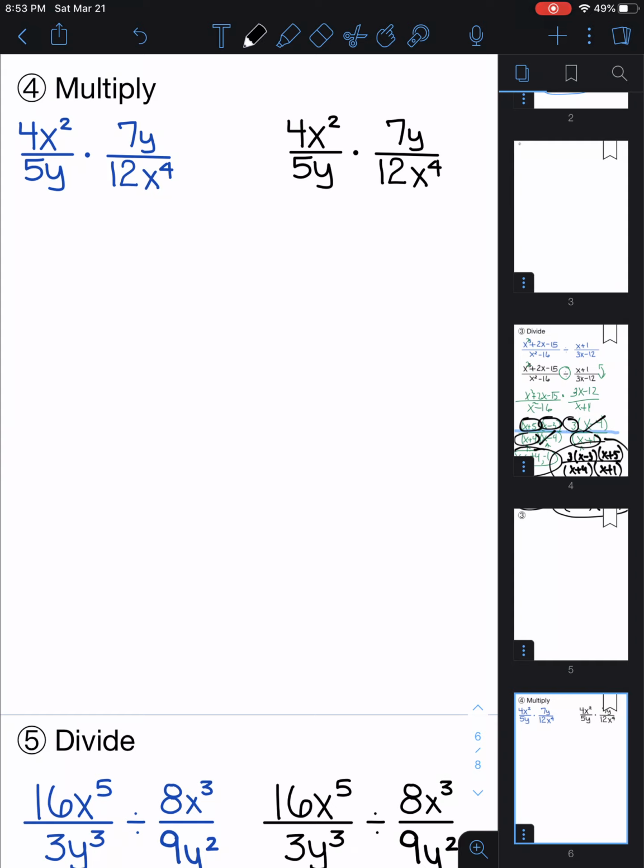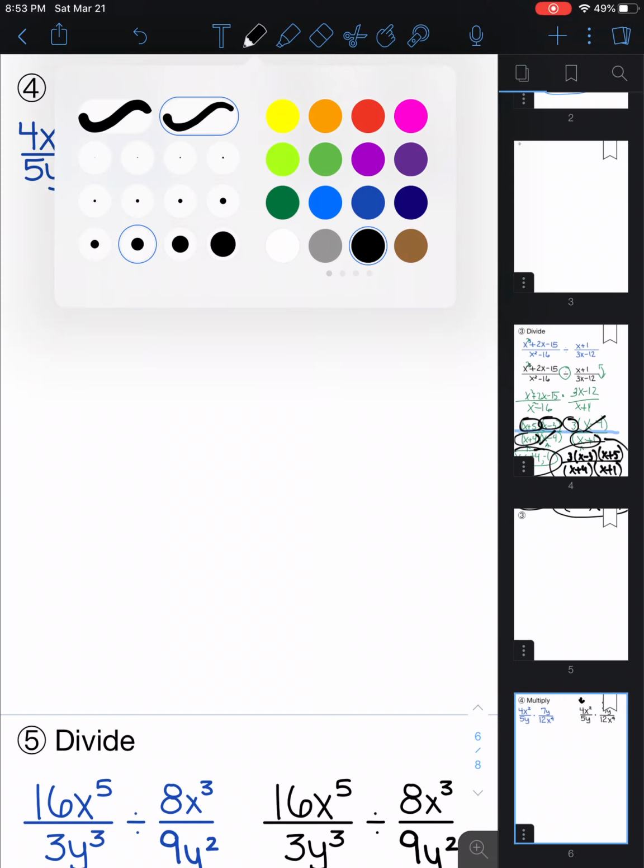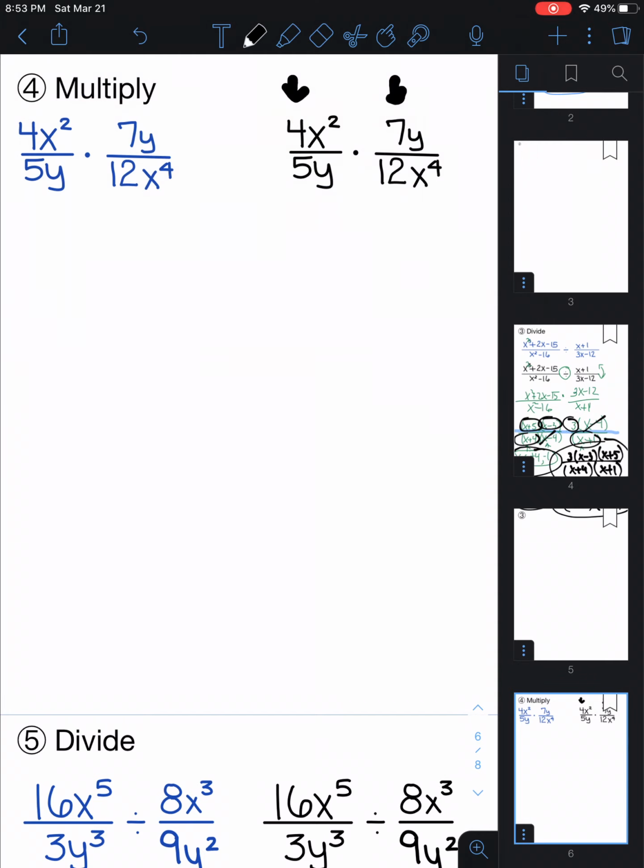Okay, on this one, we're multiplying 4x squared plus 7y. So we're going to take the like terms and multiply them together. We'll multiply the 4 and the 7. I think I'm just a little too wide here. Let's drop it down to there. We'll multiply those together. What is 7 times 4?